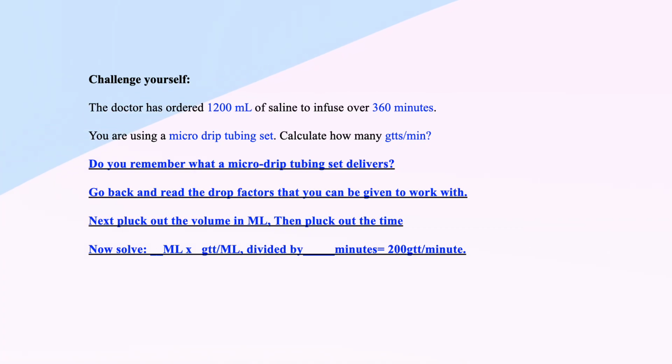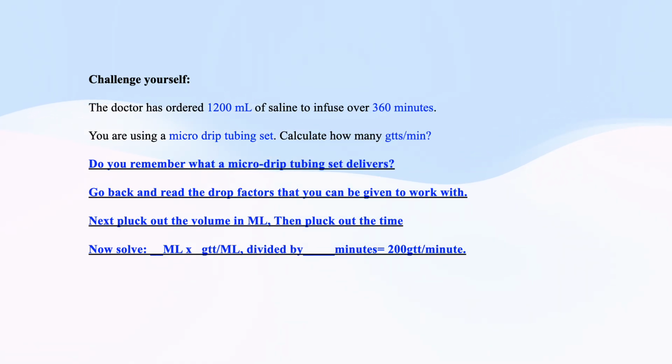What do we need to satisfy the formula? We need the volume in ml. In this case, it's already given to us. That's 1200 ml. And then the beautiful thing is they also gave us the time already in minutes. So we don't need to convert anything. So go ahead and satisfy the formula by plugging in the numbers. 1200 ml multiplied by your drop factor, in this case 60, and then divide by the total time in minutes, and there goes your answer, 200 drops per minute.